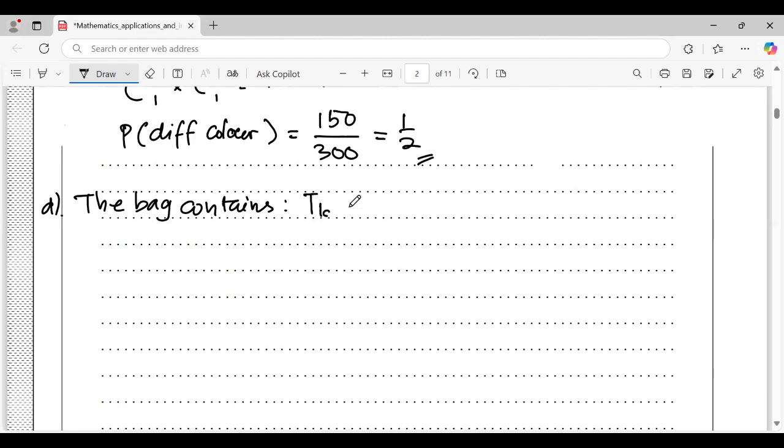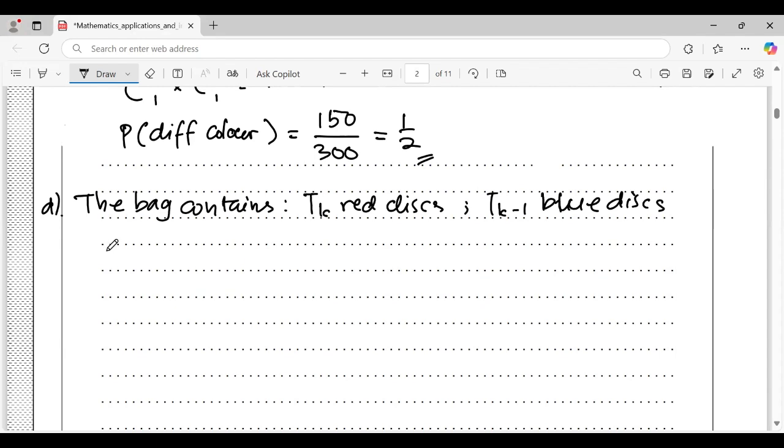According to the information, the bag contains Tk red discs and then Tk minus 1 blue discs. And the probability that two randomly chosen discs are of different color is independent of k.